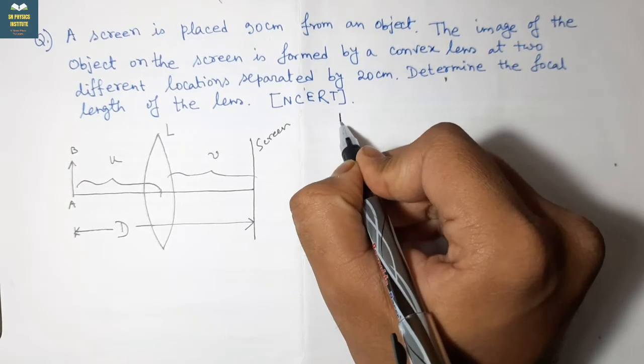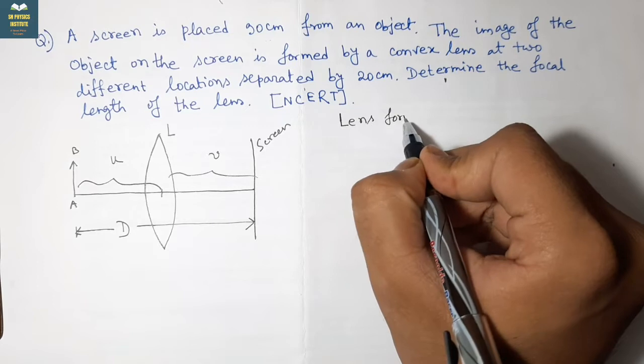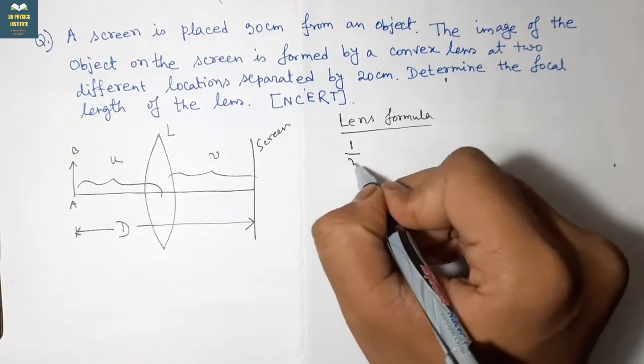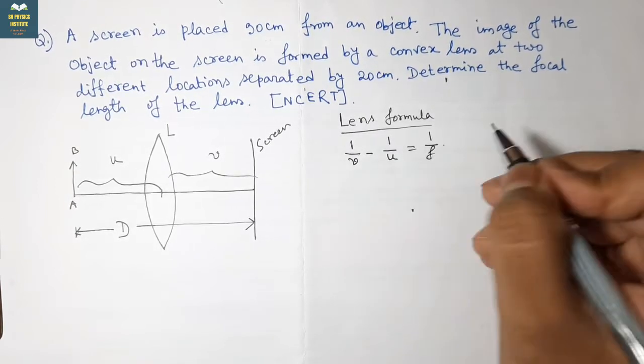See here, try to understand. From the lens formula, what can you write? 1 by v minus 1 by u is equal to 1 by f.